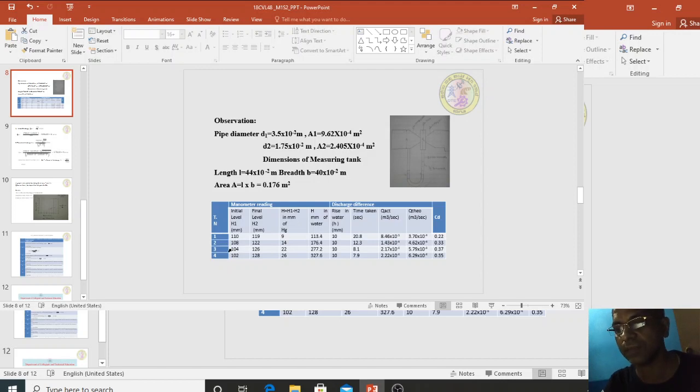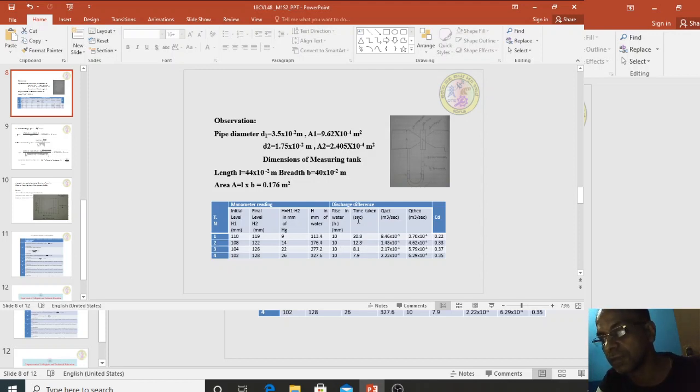Second trial, the manometric head we kept as 108 mm. Final head is 122 mm. The difference is 14. Here the water level rise, the piezometric head rise, is also kept as 10 mm of water.